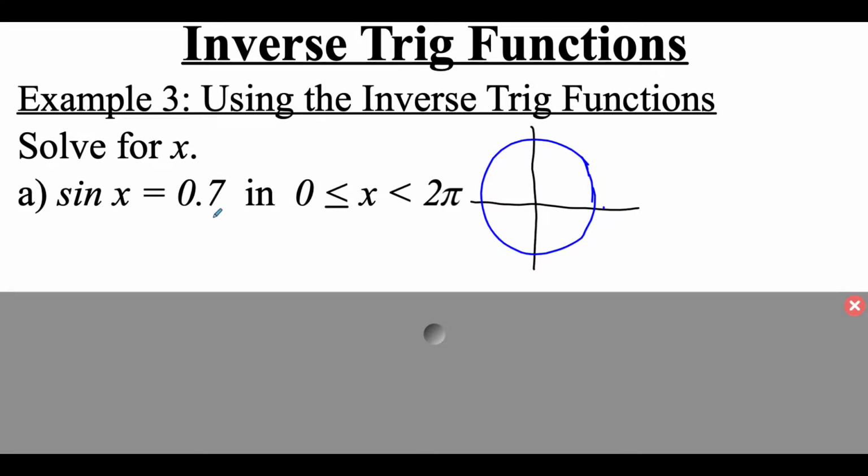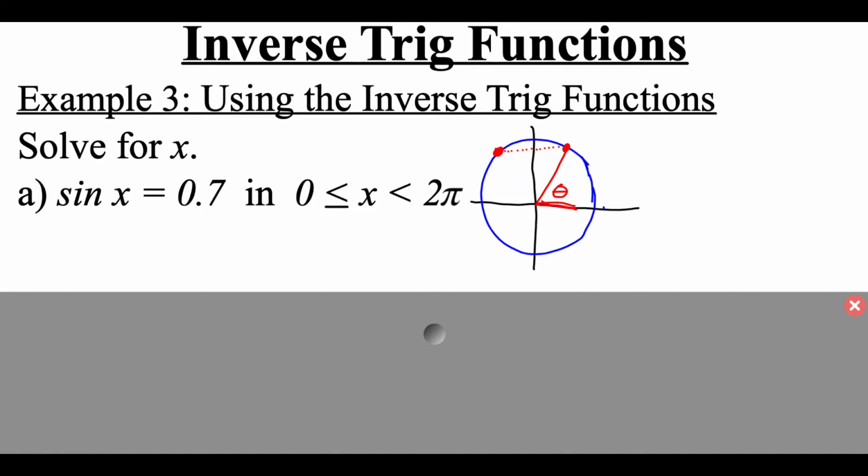And that's actually going to happen in two places on our circle. I'm just going to approximate one of them to be about right here. I'm going to say that this ordered pair has a y value of 0.7. And I'm going to call this angle theta. Well, directly across from it in the second quadrant, this point right here is going to have the exact same y value.